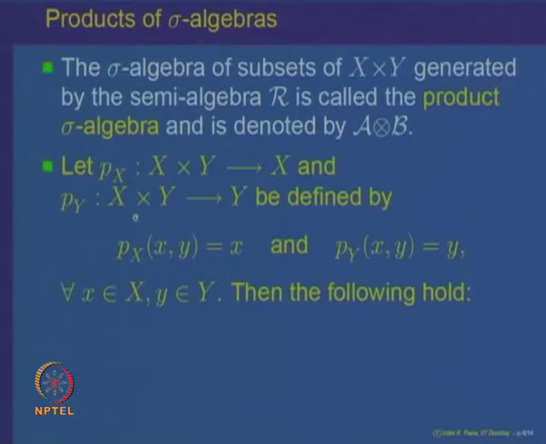So, these two maps are called the projection maps, the projections of X cross Y onto X and onto Y. So, the claim is that in case we give X cross Y the product sigma algebra, then these are measurable maps. So, let us prove this.